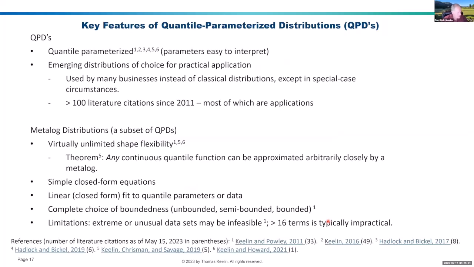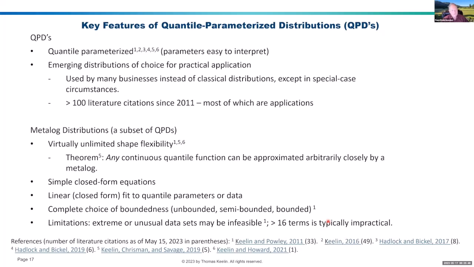So here are the key features of these quantile-parameterized distributions, which I say are a recent innovation that's made this analysis possible. First, they're parameterized by quantiles, which are easy to interpret, and that's extremely important. Secondly, QPDs over the last 10 years, and mostly over the last 5 years, have been emerging as distributions of choice for practical application.